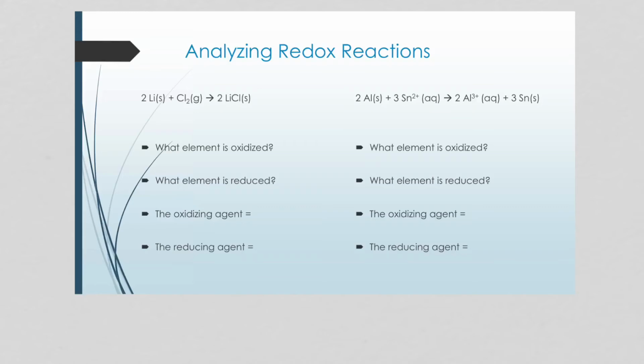So the first thing is we assign the oxidation states. So lithium being an element, given 0. Cl2, again, an elemental form, 0. So within the compound, we know lithium is a group 1 metal, so it's going to take on a +1, and that means chlorine is going to be a -1, which, again, that's what the rule tells us.